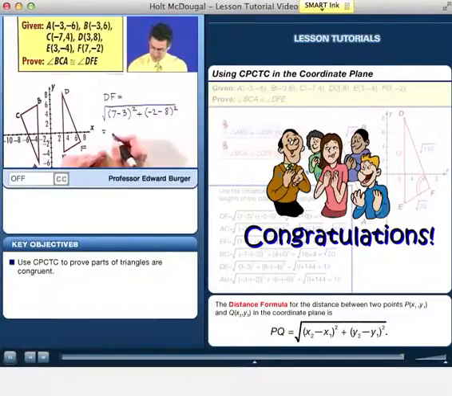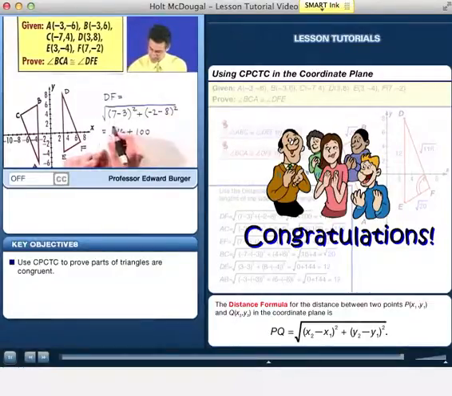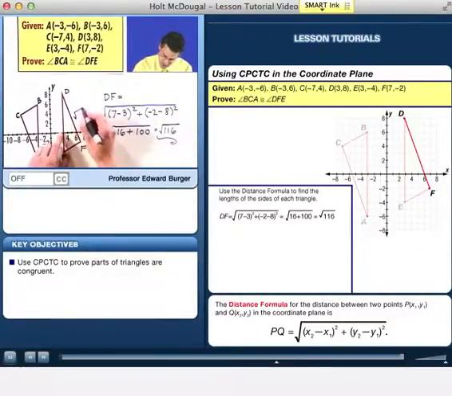And now what does this work out to be? So 7 minus 3 is 4, and 4 squared is 16, plus -2 minus 8 is -10, squared is 100. And so this equals the square root of 116, which is not a whole number, but that's okay. This length right here is the square root of 116.